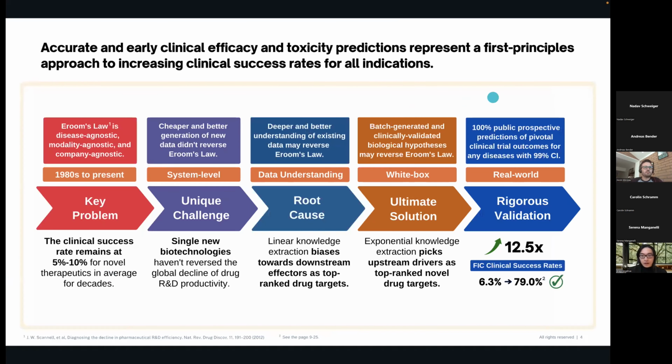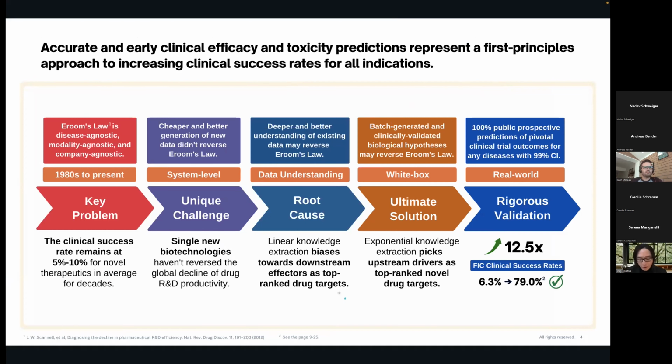So our approach was motivated by observing the long-term low clinical success rate, especially for first-in-class novel medicines, about 5% to 10% across the board since the 1980s.